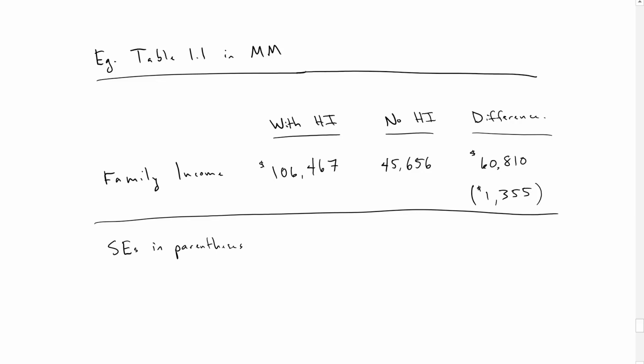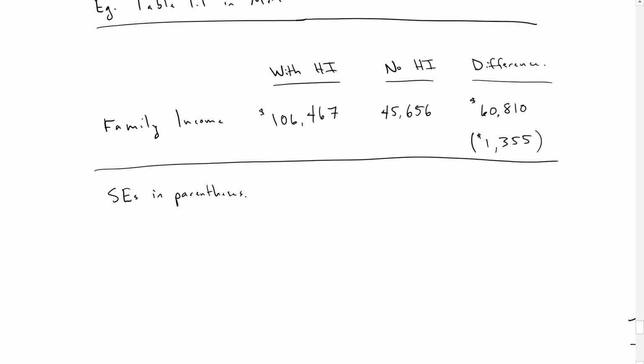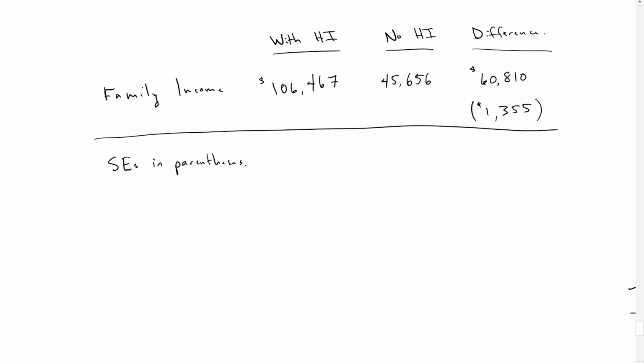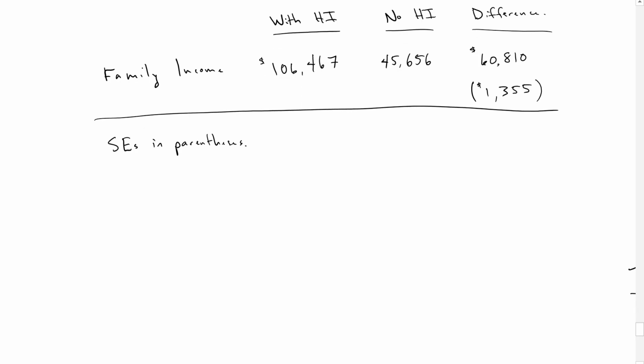Okay, and so now what we can do is take our rule of thumb and compare these two family incomes with and without health insurance. It looks like they are very different from each other, but we can't be sure of that until we've run the statistical tests. And so the difference in means is 60,810.